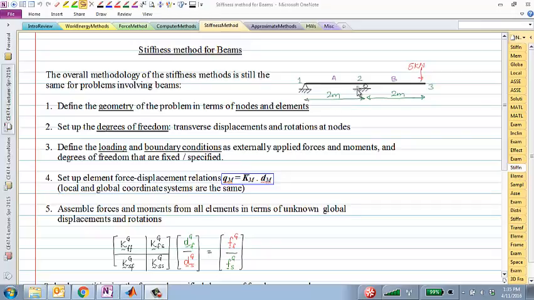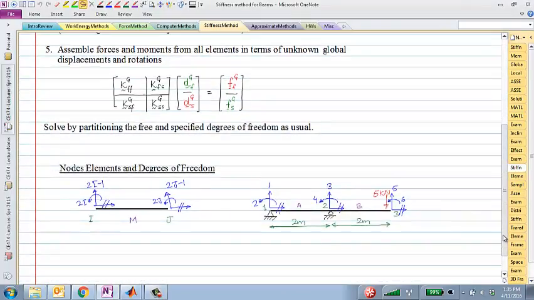And really, what we have for stiffness method of beams, we have 2 degrees of freedom per node, which I think I had marked below here, for example. At every node, we have a vertical or a transverse displacement that is usually a degree of freedom, and the rotation at that node, that is a degree of freedom. So again, just like truss problems, we have 2 degrees of freedom per node, but the meaning of that degree of freedom is different.